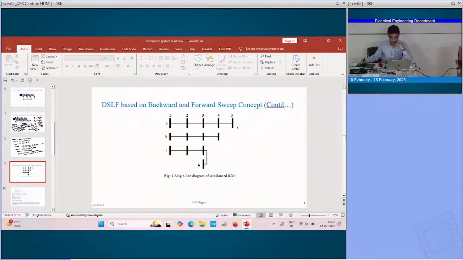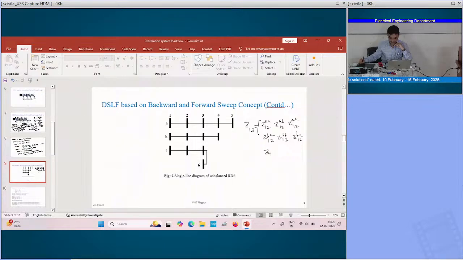So what will be the size of the impedance matrix when we go for the analysis? If I write Z12, it is supposed to be a 3 cross 3 matrix: Z12 of AA, Z12 of AB, Z12 of AC. Similarly Z12 for BA, Z12 for BB, and Z12 for BC.